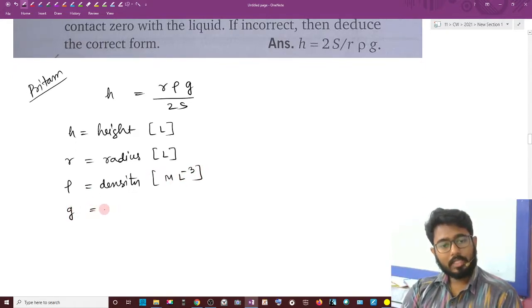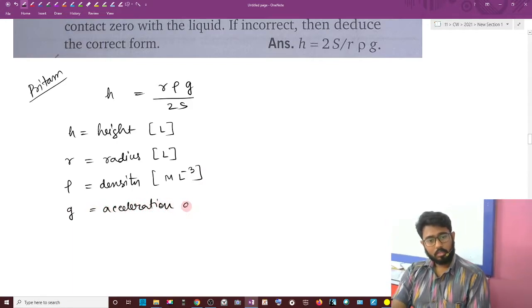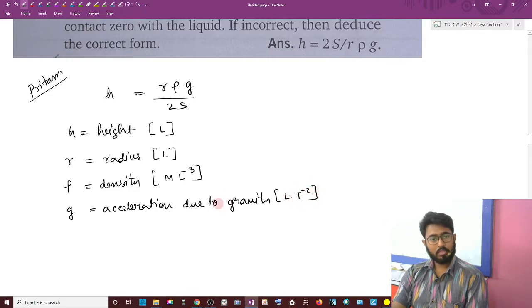G is acceleration due to gravity, that can be written as L t to the power minus 2.